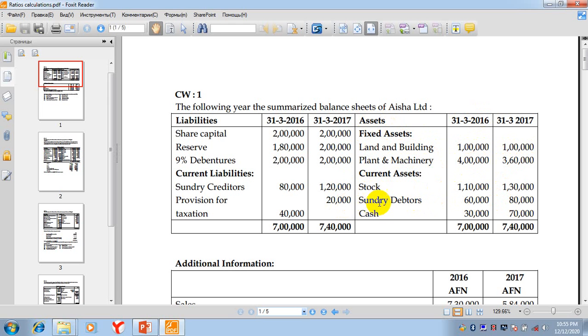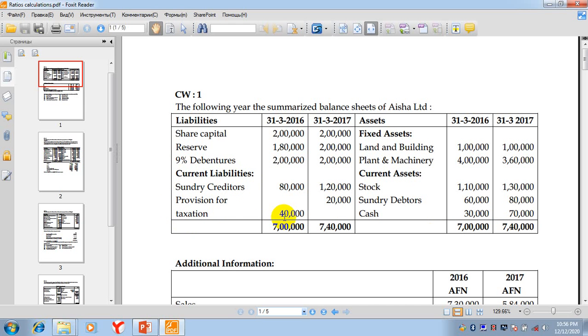Sundry debtors means account receivables, in account and note receivable. And this is cash. On this side are liabilities: sundry creditors, account payable and note payable, provision for taxation. These are liabilities, taxes not yet paid.